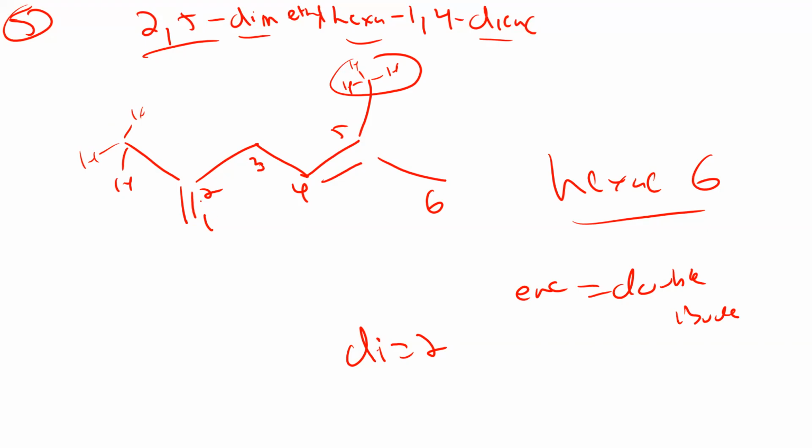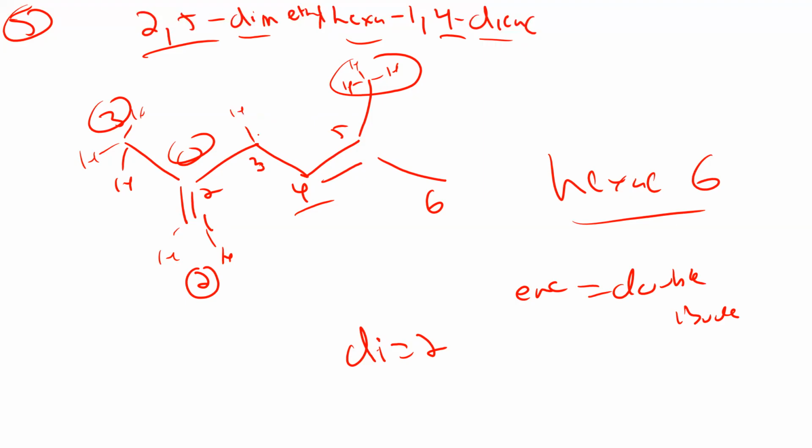So at the 1 position, we start our double bond, 1, 2, 3, 4, and at the 4 position, we start our double bond. So you have 1, 2, 3, 4, 5, 6. So 2,5-dimethyl hexa 1,4-diene. That goes over how the naming of that structure comes about. So here you can see you have three hydrogens. There's 0 hydrogens here. There's 2 hydrogens here.